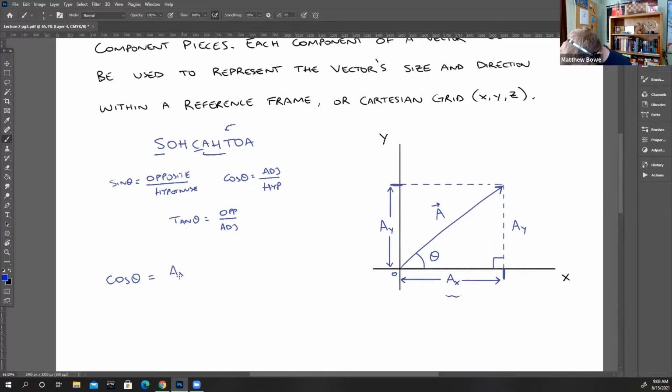So that would be a sub x over, in this case, the value of the hypotenuse, the magnitude. That's why I'm not putting an arrow. So that's why I can say that a sub x is equal to the magnitude, just the size of the vector, times cosine of the angle.